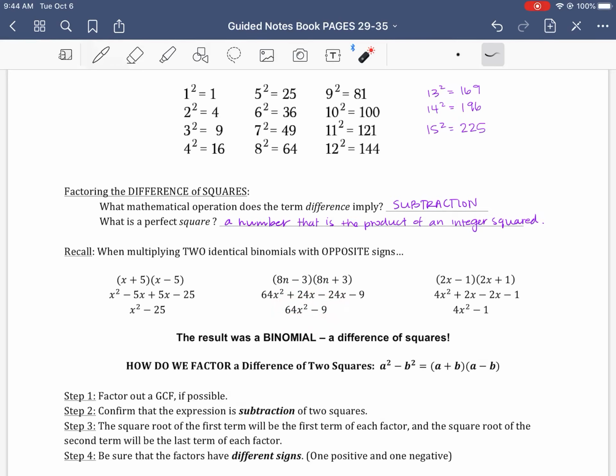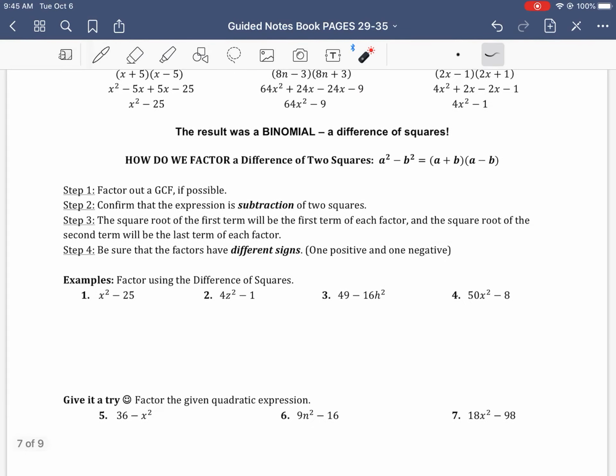When we recognize it's a difference of squares, we can recognize that really it's just where the middle term added to 0. So we can take the square root of the first term, and it goes at the front of each binomial factor, and then the square root of the second term is the second piece of each binomial factor, and they have to have opposite signs. So those are really what we're looking at.